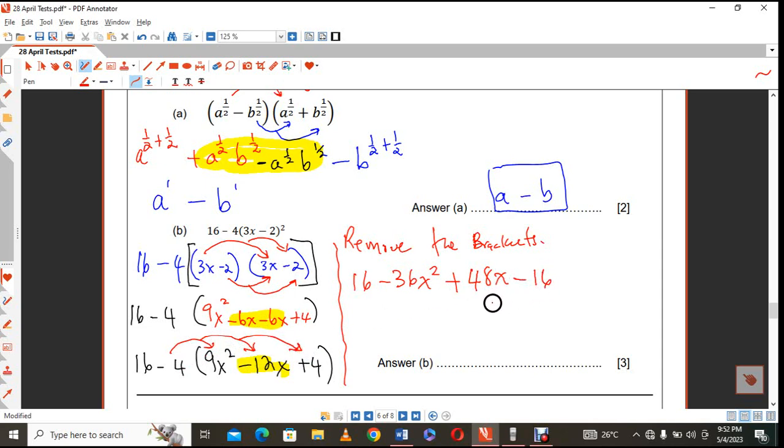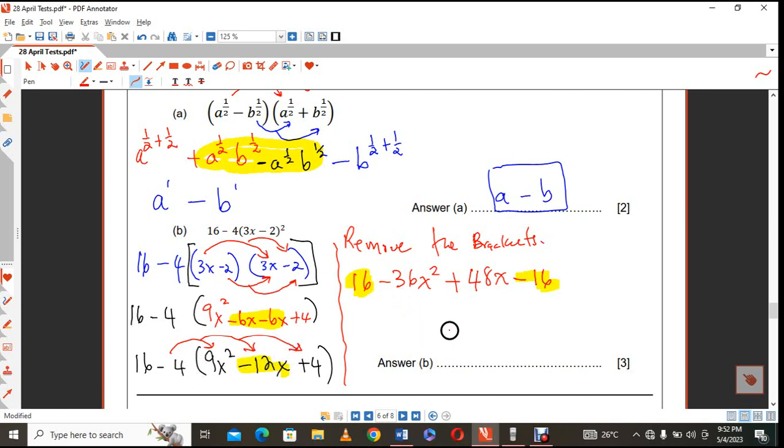Of course, if you now look at it, you will see that for starters, the like terms, the 16 and the negative 16, obviously they are cancelling out. Okay, just want to see if there is something else that I've missed. All right, so doing my calculation. So that's negative 36, positive 48x, and 4 times 4 is nothing but 16.